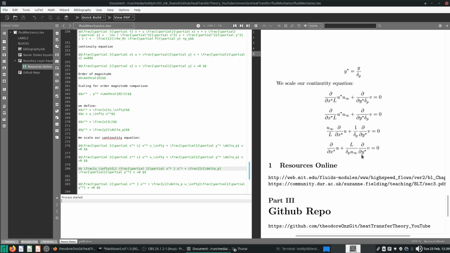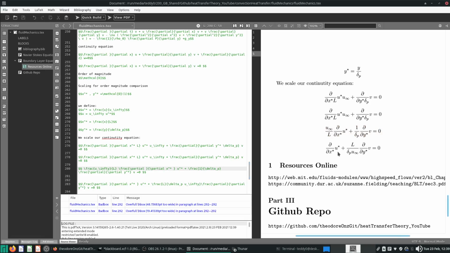Now the thing about all this, the way we do scaling, we know that x star is on the order of magnitude of 1, and u star is on the order of magnitude of 1. So this whole term here should be on the order of magnitude of 1.